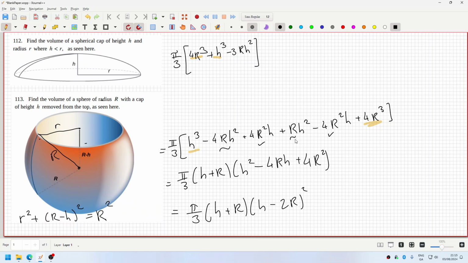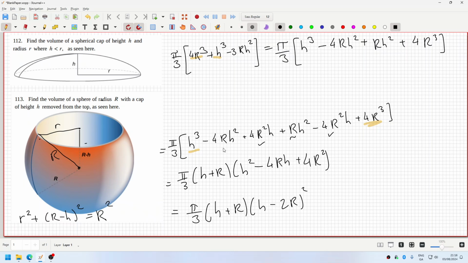So this is the trick I used to do in exams, where I'd start at the answer and write backwards to make it look to the grader like I did the algebra correctly. So what I could pretend to do is say, okay, well, this equals pi over 3, and then I could put the h cubed at the front. And then the rh squared, I could split. I could say that's minus 4rh squared plus rh squared, plus 4r cubed.